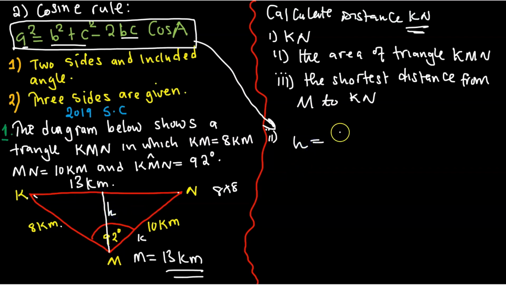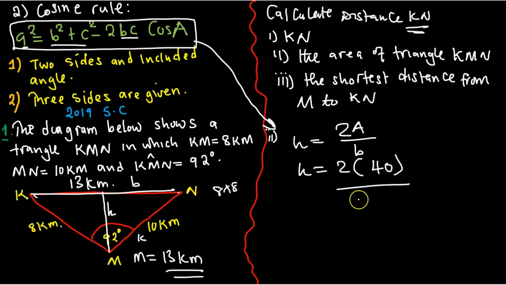So height is equals to 2a over b. Now they are saying from M to KN. So KN, the whole of this one, is our b. So height is equals to 2 times the area that we found, 40, divided by our b, 13. Okay, so if we multiply and divide here, 40 times 2 is 80, divide 13.